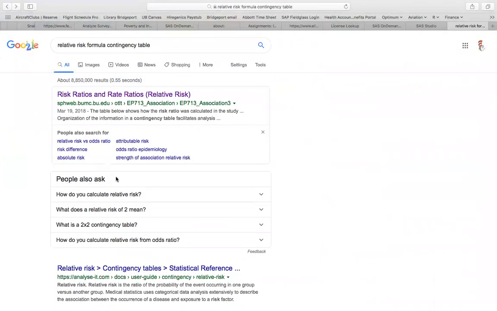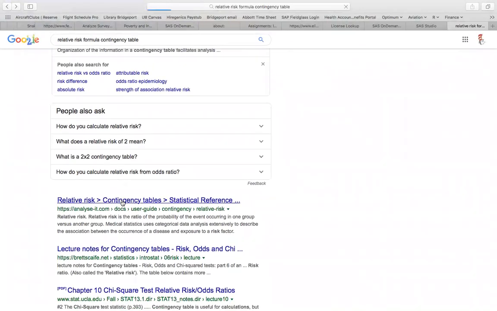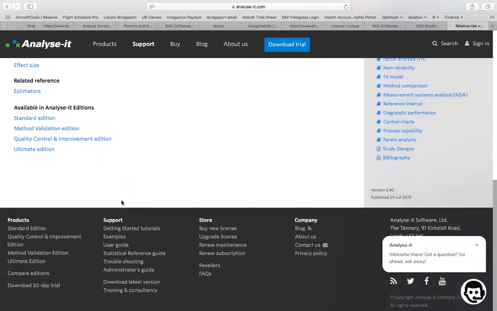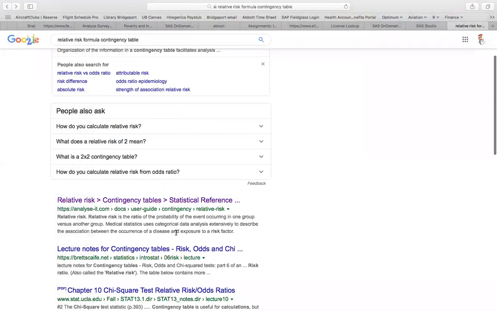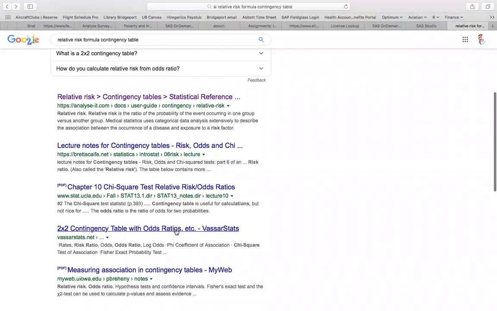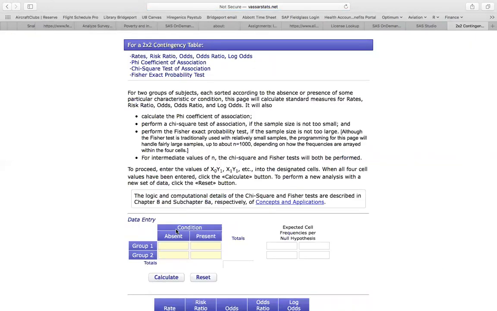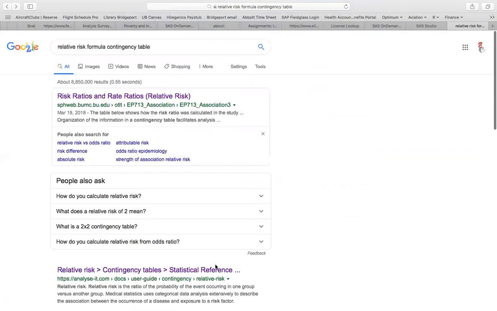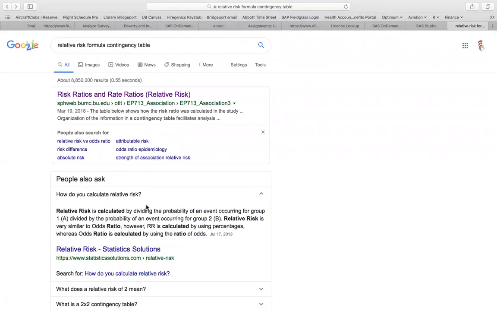I just want the formula. Okay, it's got it by dividing the probability of an event occurring for group 1 divided by the probability of an event occurring for group 2. Okay?